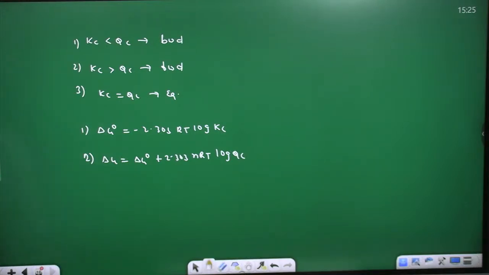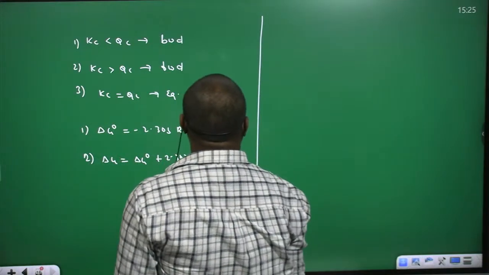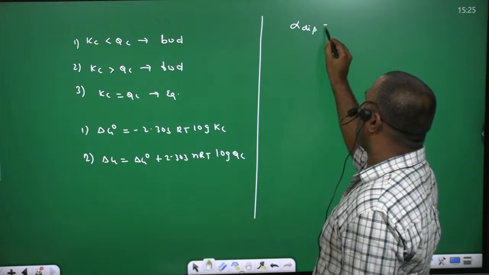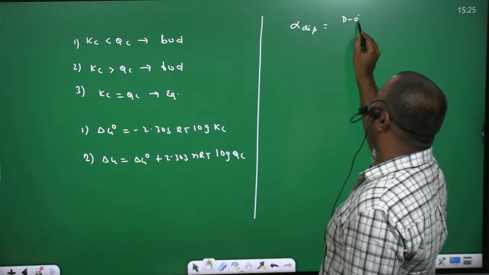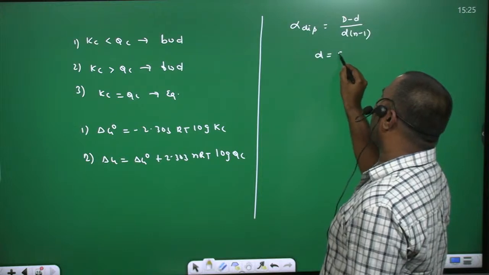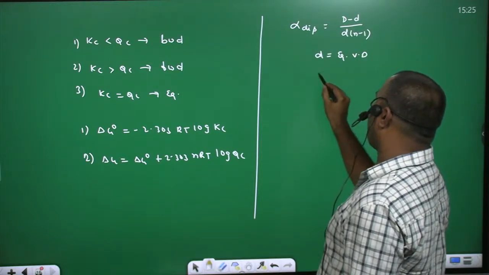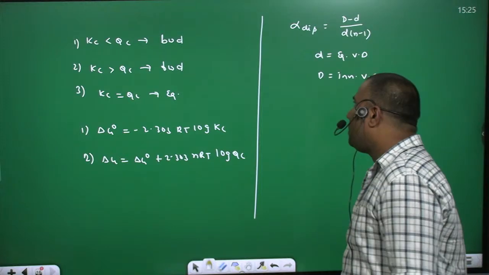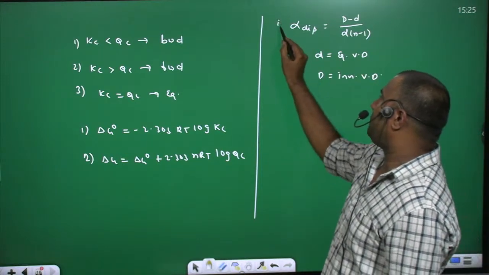And next, for the degree of dissociation, alpha equals, if you have vapor densities, (D minus d) by d into (n minus 1), where d is the equilibrium vapor density and capital D is the initial vapor density. This is the first one.